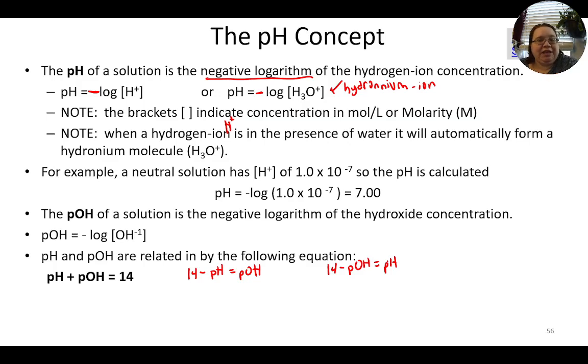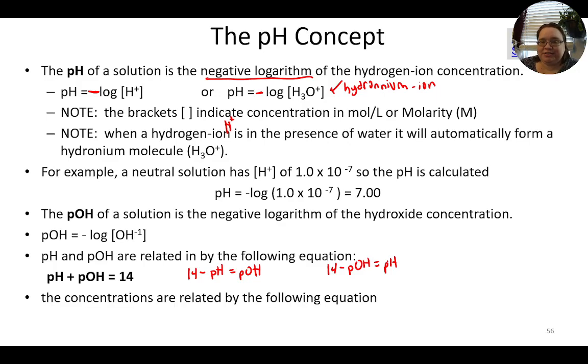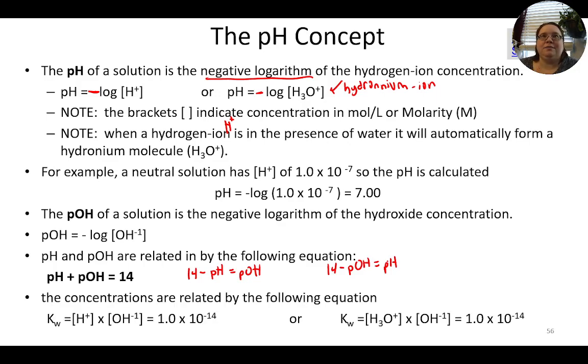There is another relationship for my H's and my OH's, and that's using the water equilibrium constant. It's called Kw. Kw stands for water equilibrium constant. Basically, Kw tells me that if I take the product of both of these concentrations, so product means I'm multiplying, I will always get 1.0 times 10 to the negative 14, and this is at room temperature.